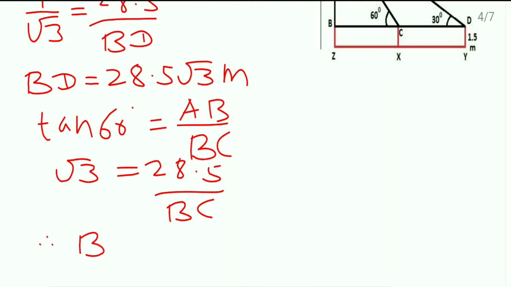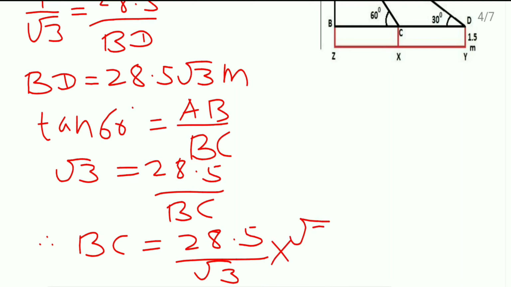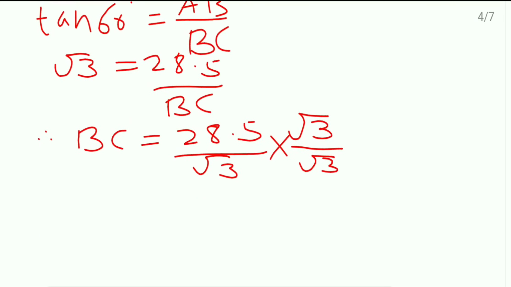Therefore, BC is equal to 28.5 divided by root 3. We have to rationalize the denominator. To do it, we'll multiply and divide the number with root 3. This root 3 and this root 3 will become root 9, and square root of 9 is 3.